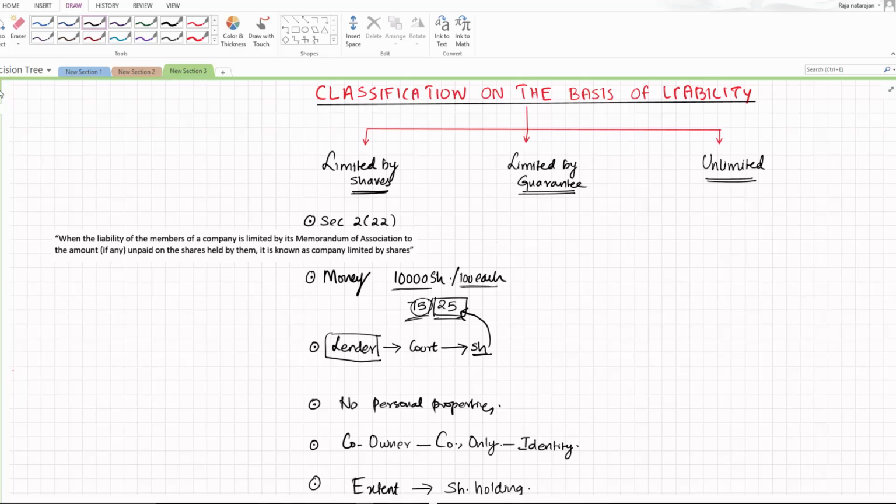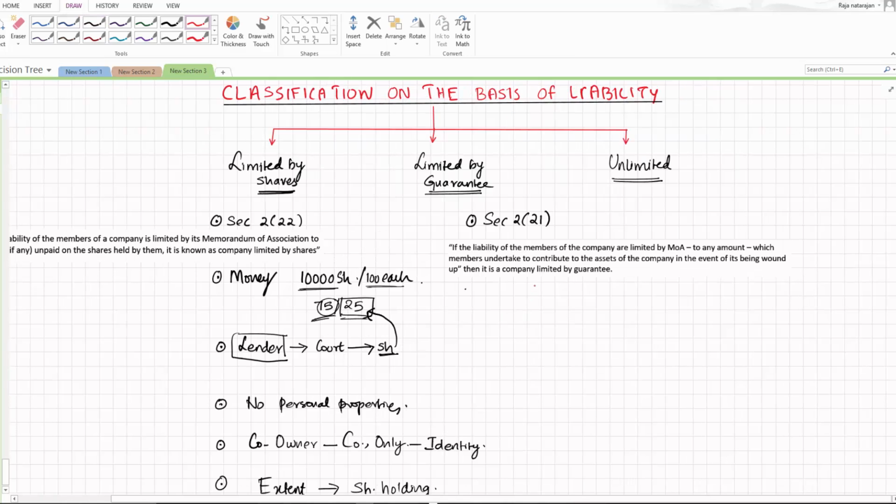Next, we'll move to the second classification, the company limited by guarantee. The definition is available in section 2, subsection 21. Now what is the definition? If the liability of the members of the company is limited by memorandum of association to any amount which members undertake to contribute to the assets of the company in the event of its being wound up, then it is a company limited by guarantee.